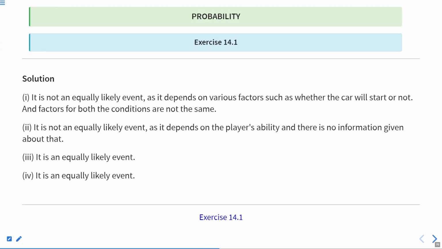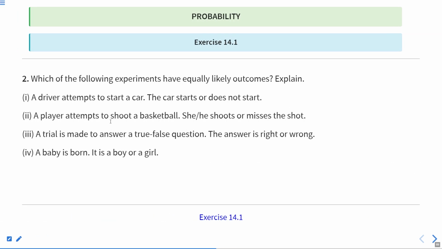It is not an equally likely event, as it depends on the player's ability, and there is no information given about that. So this experiment does not have equally likely outcomes.